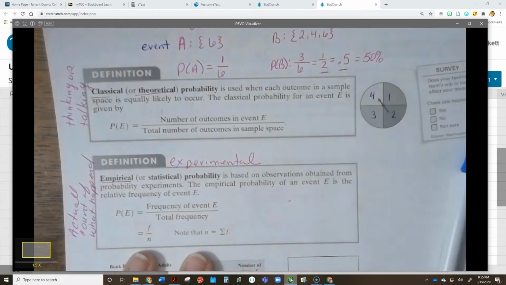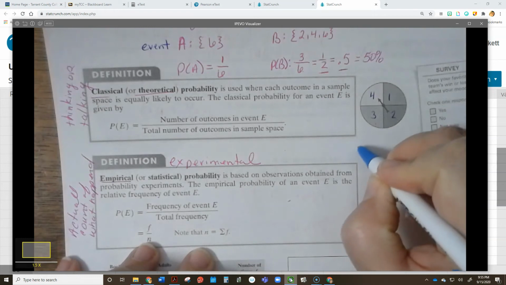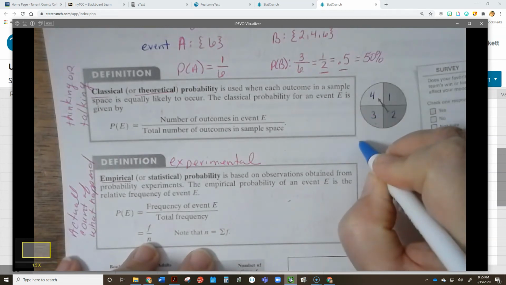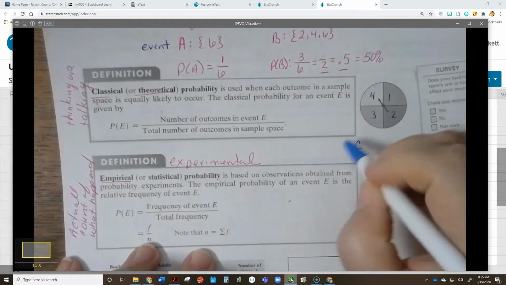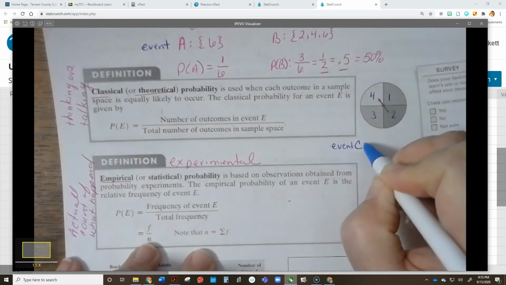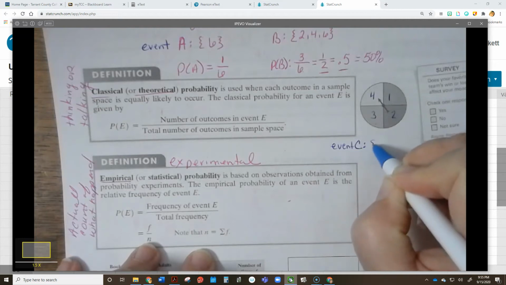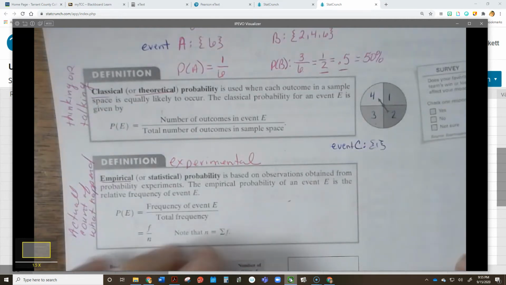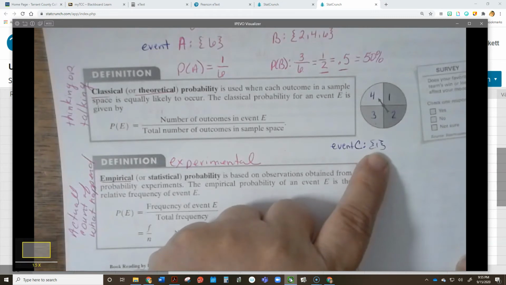Event C is defined to be landing on 1. All right, so that's what I'm interested in.